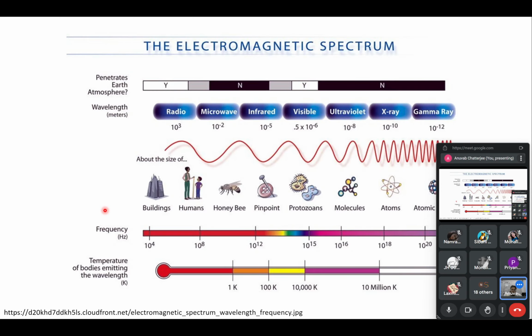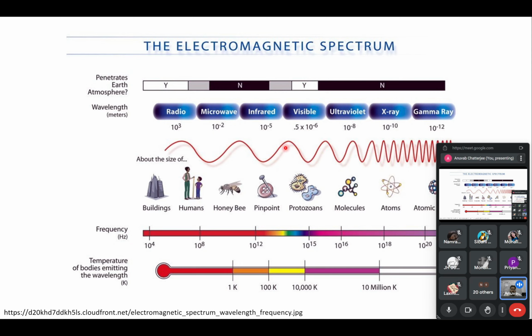Okay, so again looking at the electromagnetic spectrum, here we have the frequency rising from left to right, so essentially the image is inverted as opposed to the previous one, and the wavelength decreasing from left to right. As you can see right here, the frequency of visible light is around 10 to the power 15 hertz, whereas that of ultraviolet light is around 10 to the power 16 hertz.